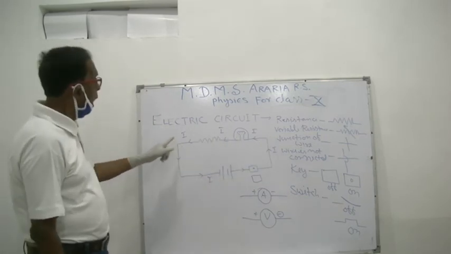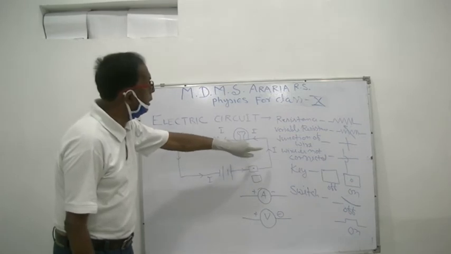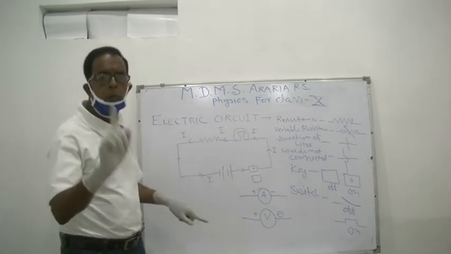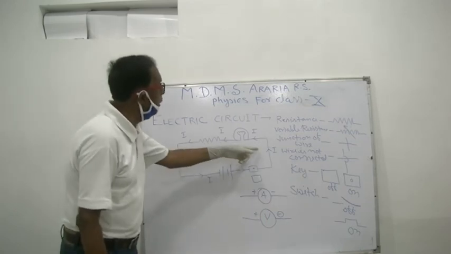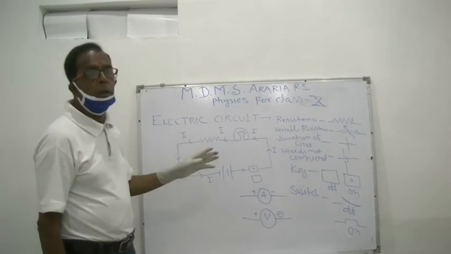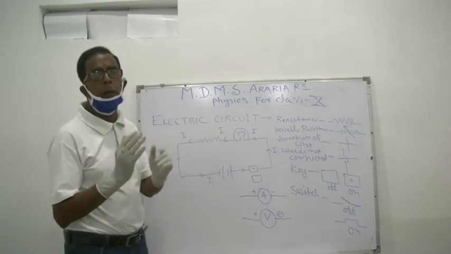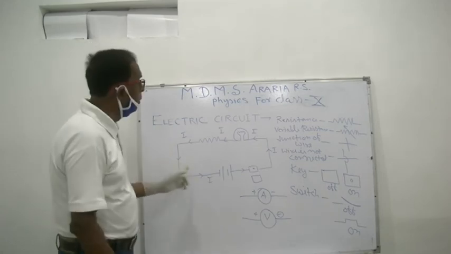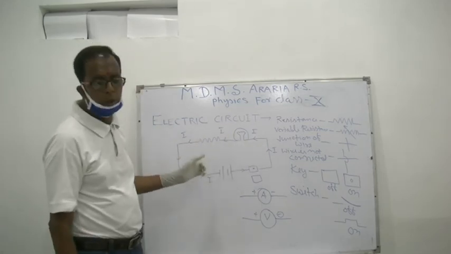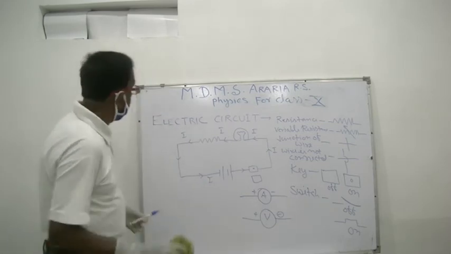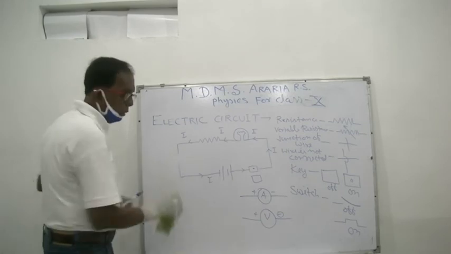It means how much current, the magnitude of I, is in this circuit. If you want to know, then you have to connect an ammeter in this circuit. The ammeter will give the reading of the current in amperes, and the ammeter is connected in the circuit in series.